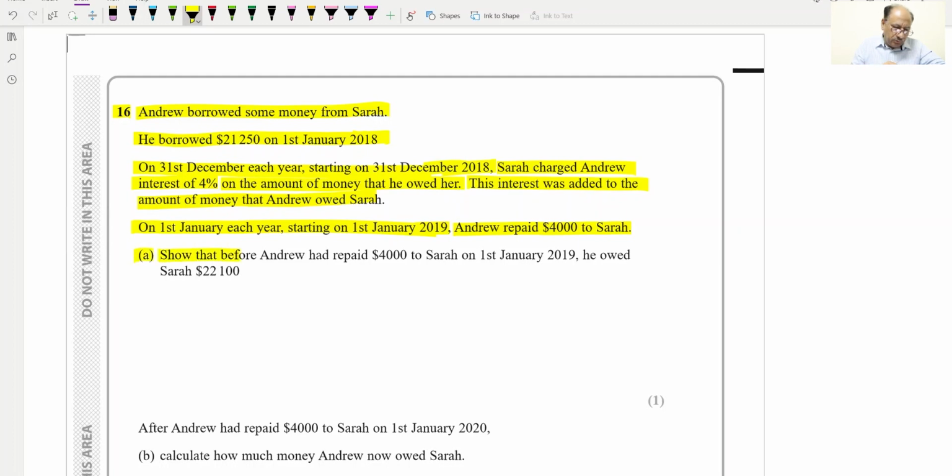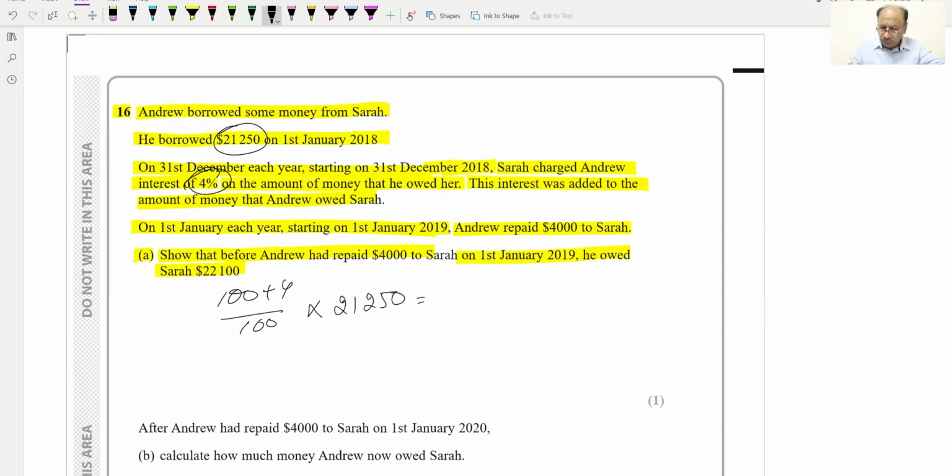Part A showed that before Andrew had repaid 4,000 to Sarah on 1st Jan 2019, he owed Sarah 22,100. So 4% interest is being charged. So 100 plus 4 divided by 100 of the amount which is provided, which is 21,250.